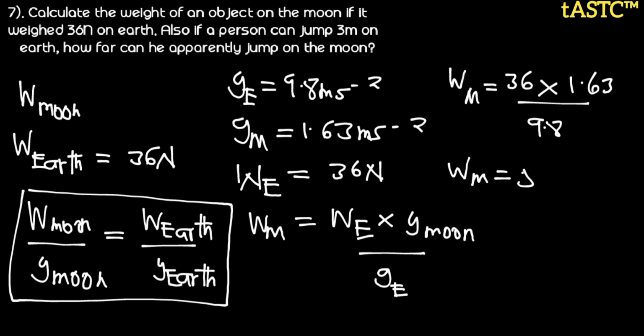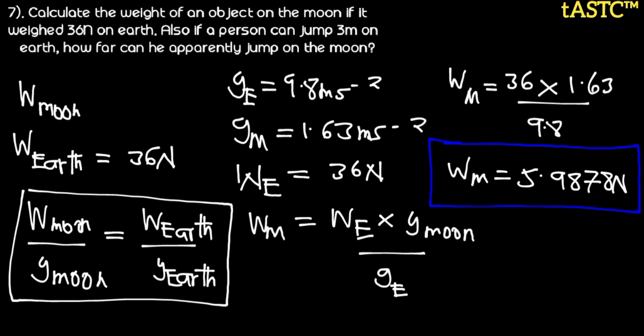So I might just write it as 5.98 like that. And so that is what you have. That will be the weight of that object on the moon if it weighs this on Earth. And this is actually reasonable because the weight of an object on Earth must be higher than the weight of the same object if it goes to the moon.